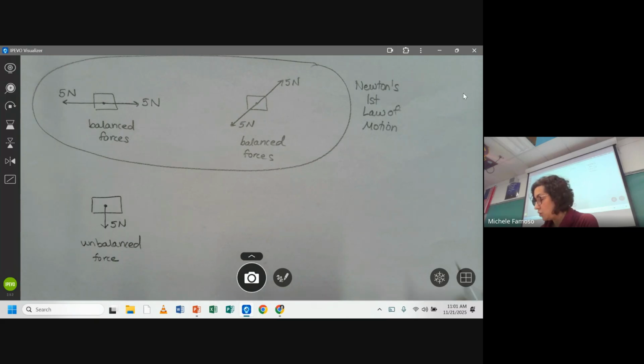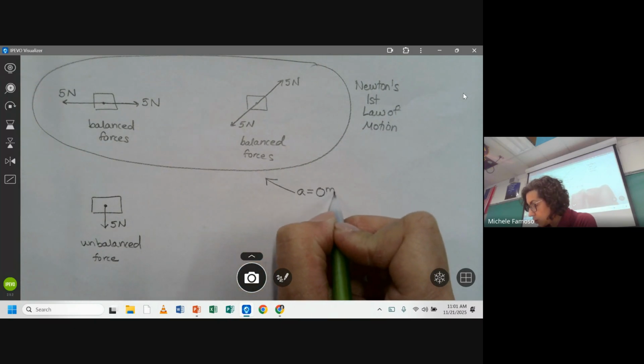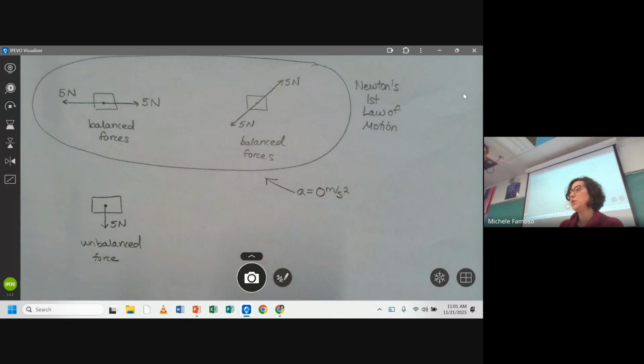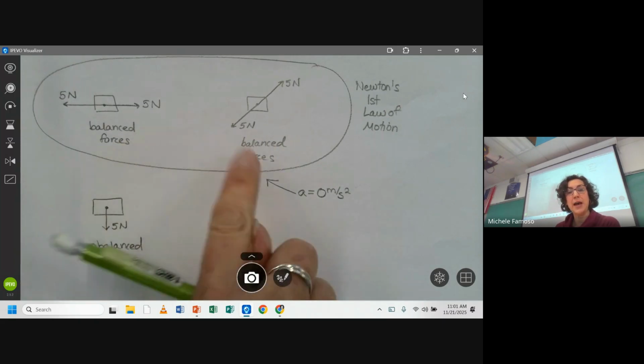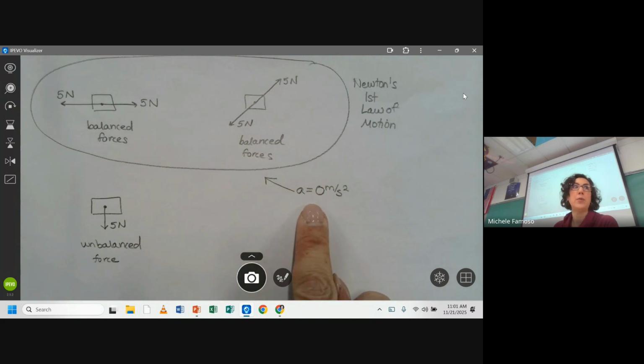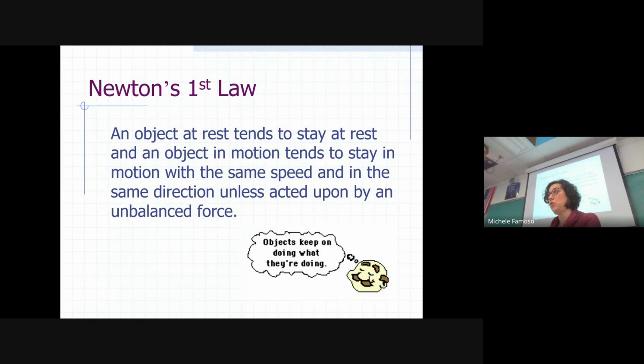And when you don't change your motion, it means that no matter what, your acceleration is 0 meters per second squared. That's what he told us. Now, do I know if these objects are at rest or moving with a constant velocity? No. All I know is that when the forces balance out, we do not change our motion. Whatever that motion is will remain the same. It will not change. We do not accelerate. Once we have an unbalanced force situation, then motion changes. And that is his second law, which we'll be talking about later.